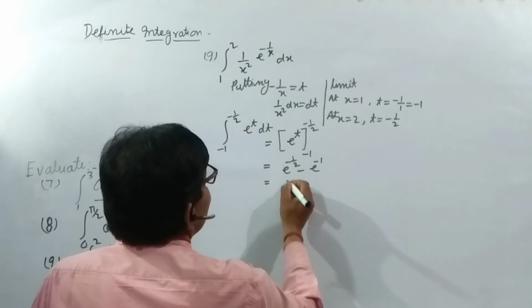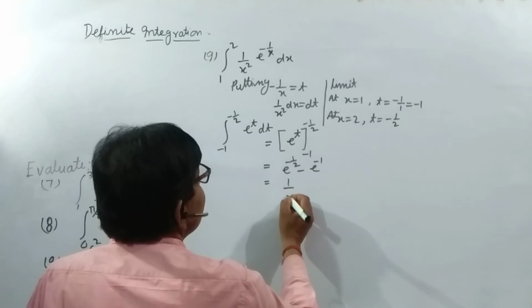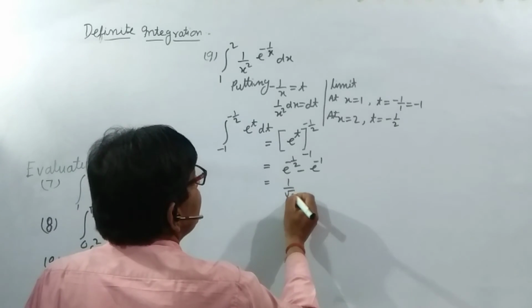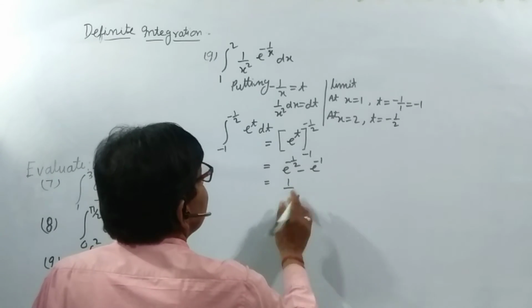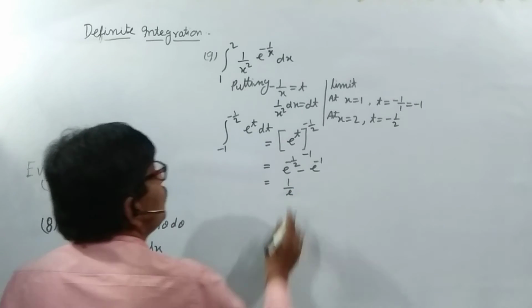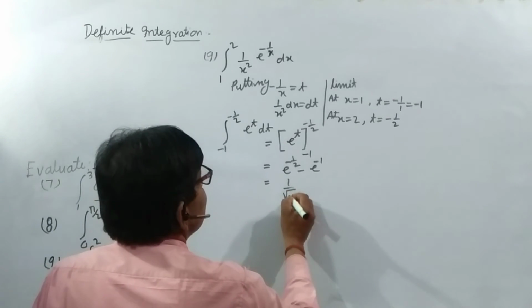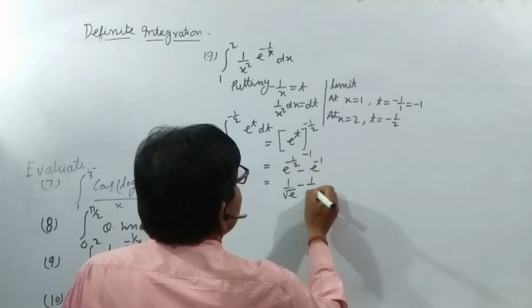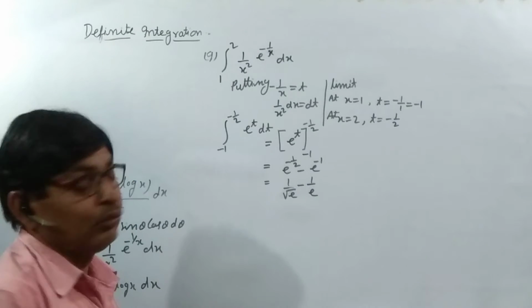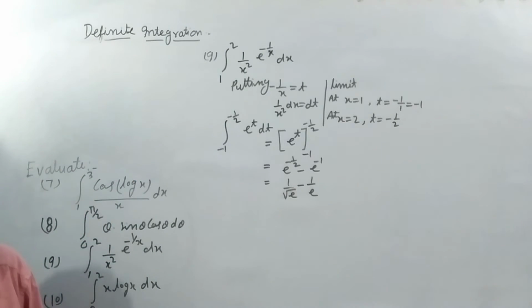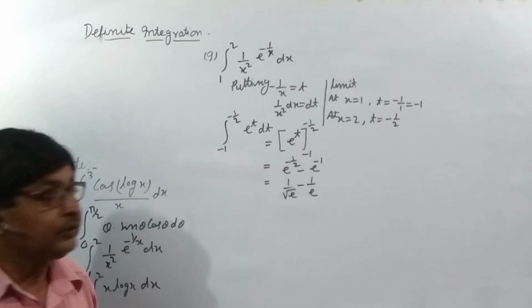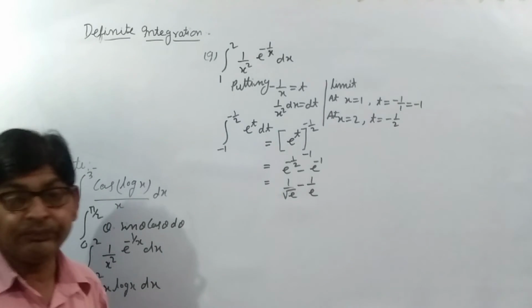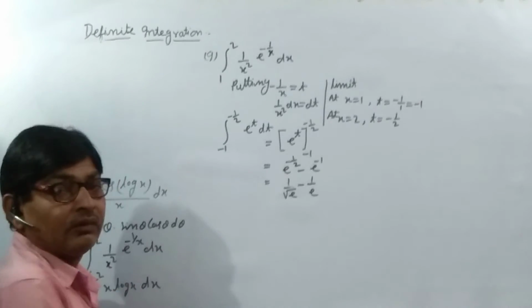Now this is equal to 1 by e to the power half, that is under root e, minus 1 by e here.